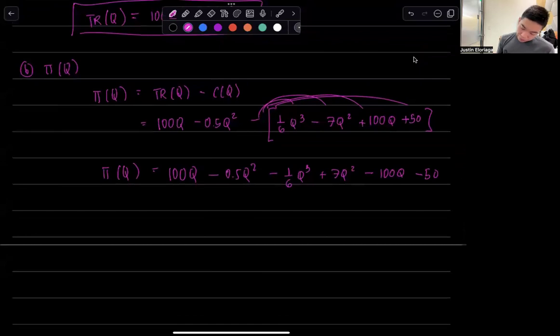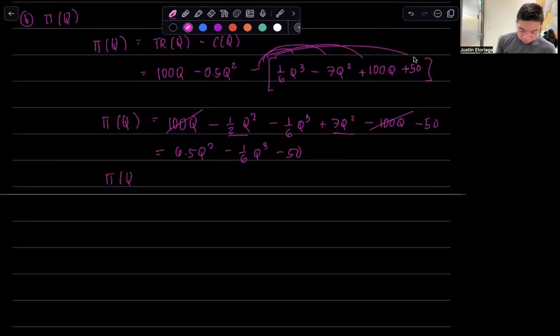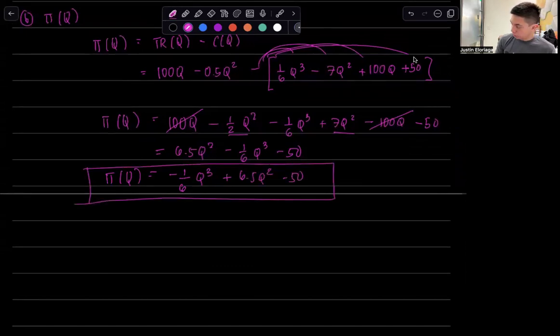If I simplify, the 100Q cancels out, and the Q squared terms combine to 6.5Q squared. That takes care of everything. So my profit function in a more simplified ordering is negative 1/6 Q cubed plus 6.5Q squared minus 50.